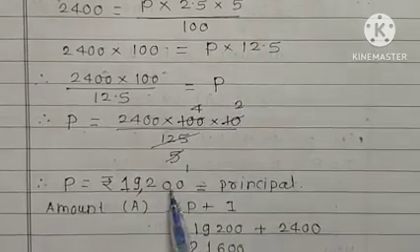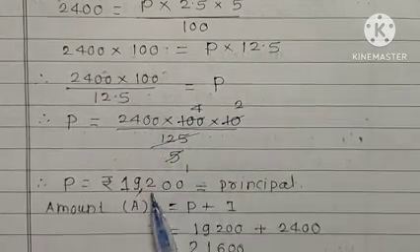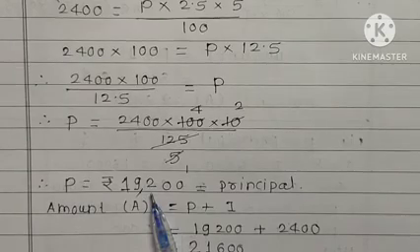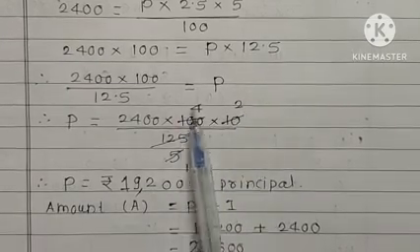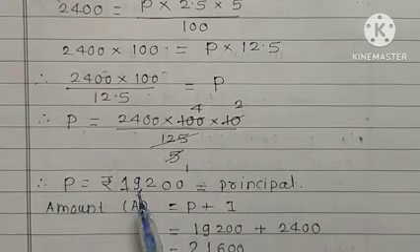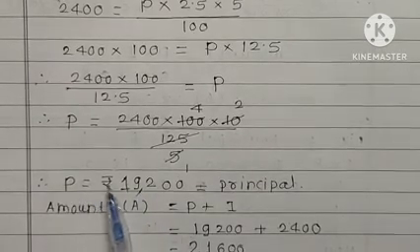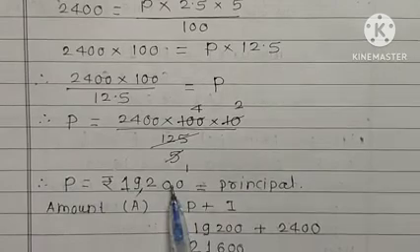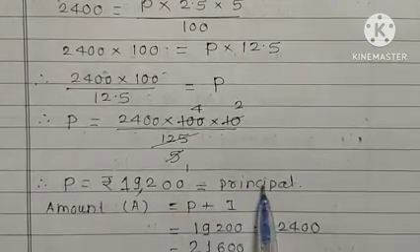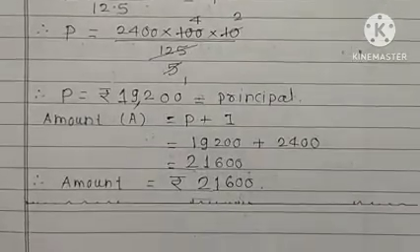Taking these two zeros here, 8 fours are 32, carry 3. 8 twos are 16 plus carry 3, that is 19. So P is equal to rupees 19,200, which is principal.